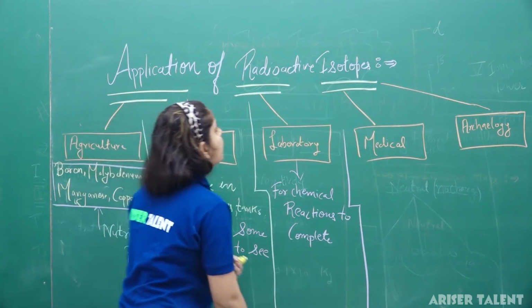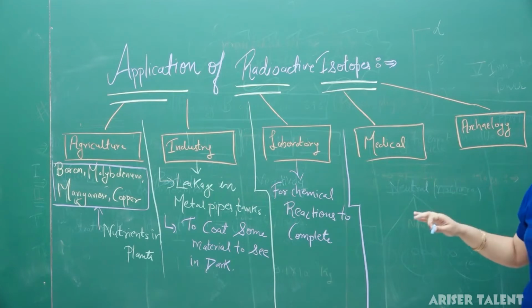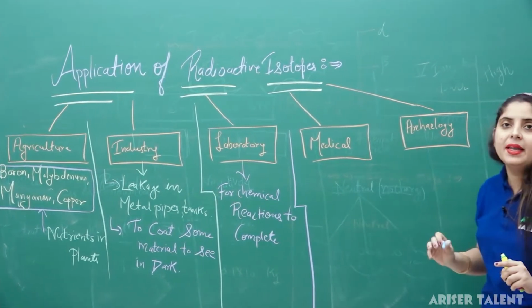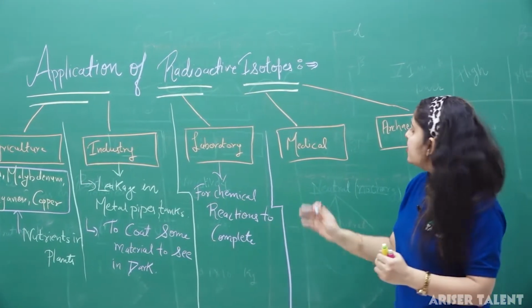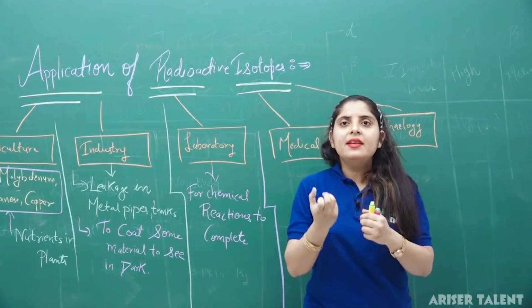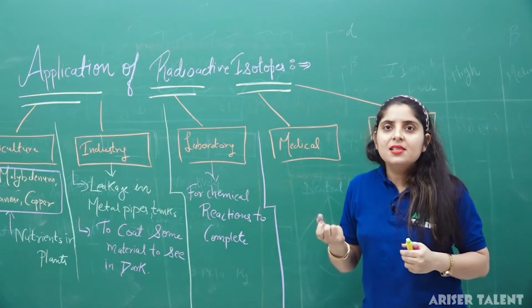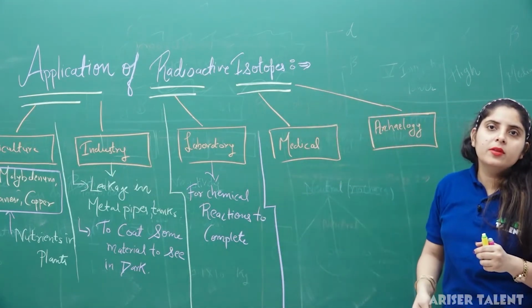Now our fourth category is, what are the applications of radioactive isotopes in the field of medical. Suppose we want to diagnose certain disease or we want to detect some clot, tumor in the cells, we use the radioactive isotopes for their determination.